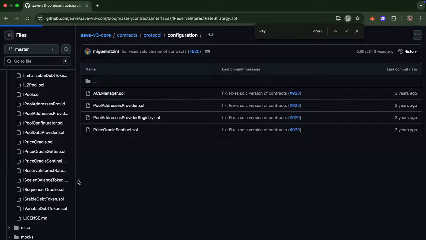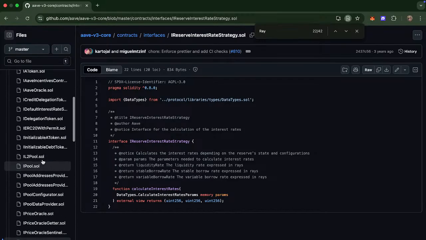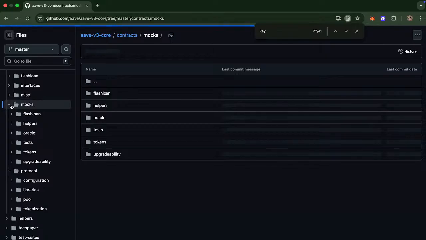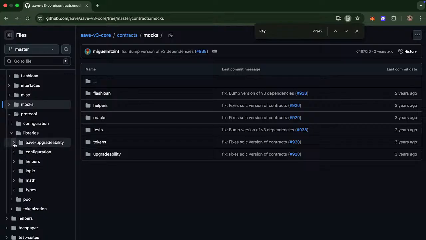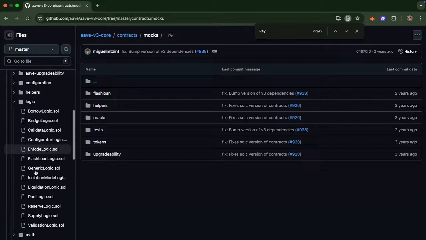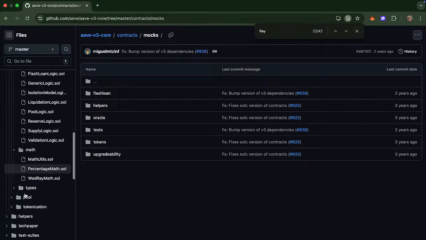Reserve interest rate. Interest rate. Mocks. Flash loan, upgradability, protocol configuration. Library pool. Libraries. Under libraries, AWE upgradability. And there shouldn't be. Configuration helper. Logic: borrow, configuration, flash, generic, isolation, liquidation, reserve, math, percentage, types, pool.